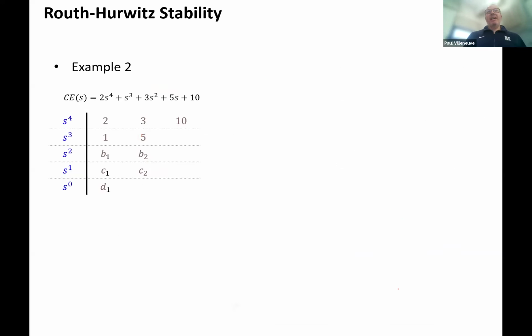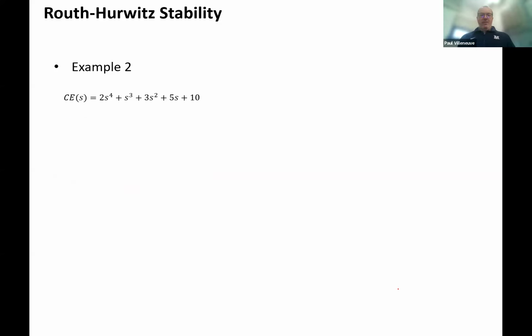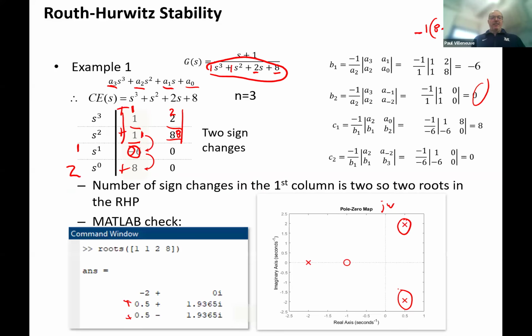Now, I'm not going to do this example, but I will ask a question. It's a lot of work, even to do the Routh-Hurwitz stuff, right? So you might be asking yourself, Paul, you did all this work to tell me there were 2 poles in the right-hand half plane. Couldn't I have just done exactly this in MATLAB and told you that in way less time? Everybody agree with that?